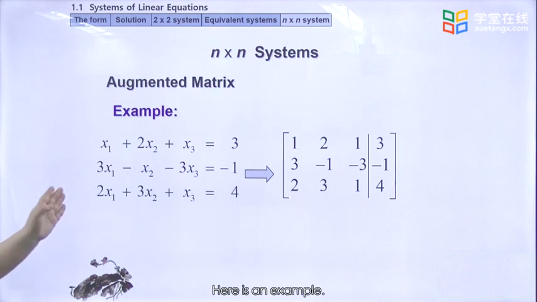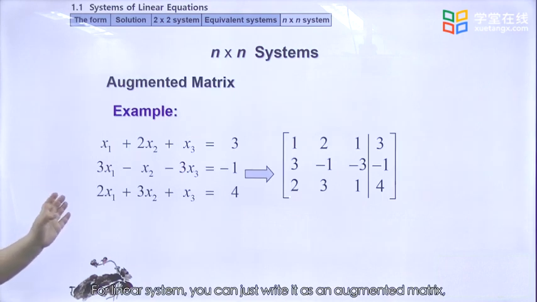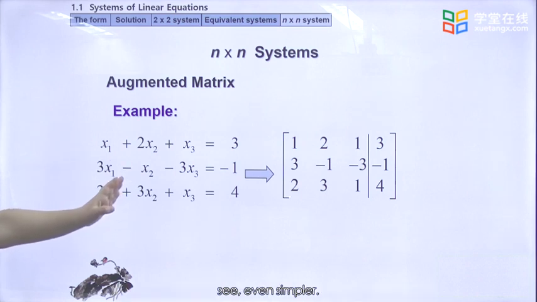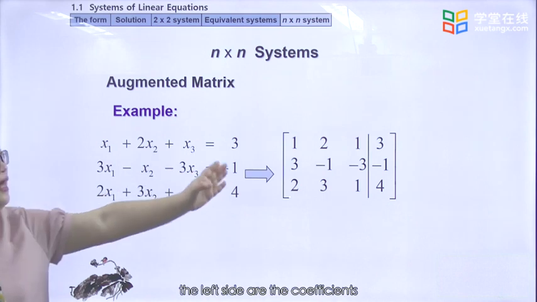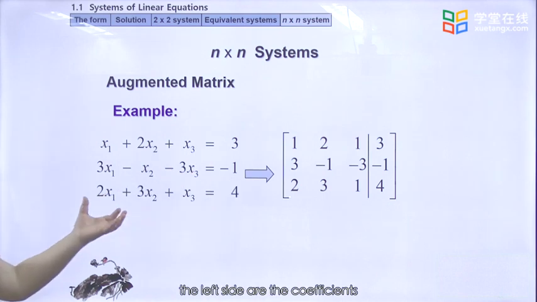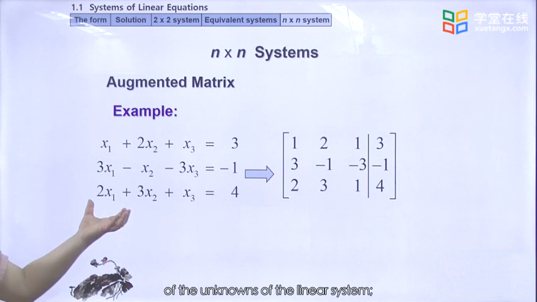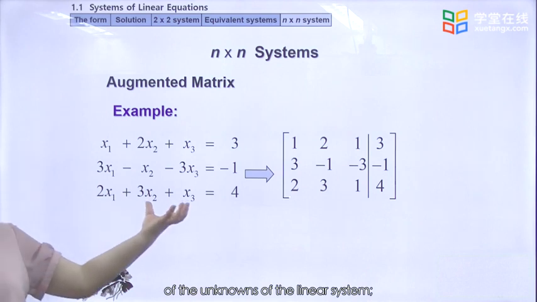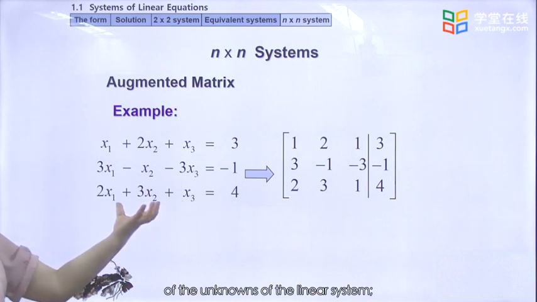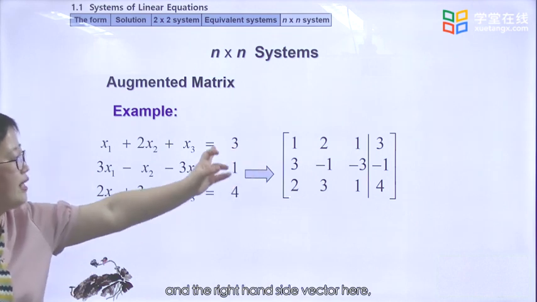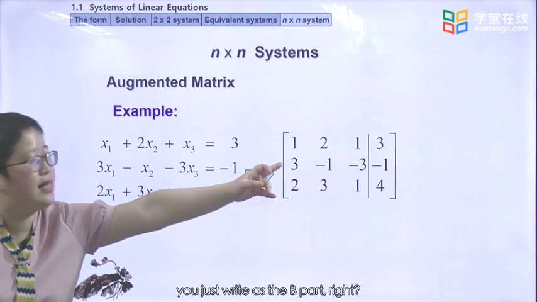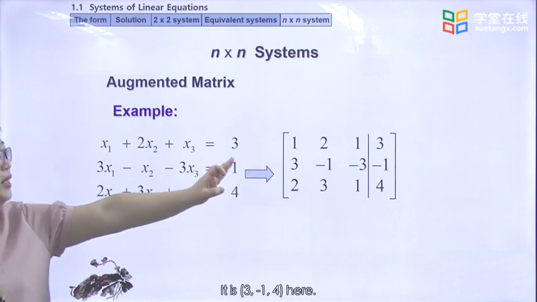Here is an example for a linear system. You can just write it as an augmented matrix. Even simpler, right? In this augmented matrix, the left side holds the coefficients of the unknowns of the linear system, and the right-hand side vector you just write as the B part: 3, -1, 4.